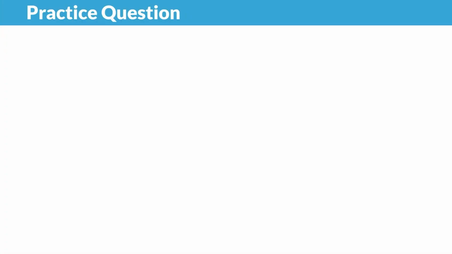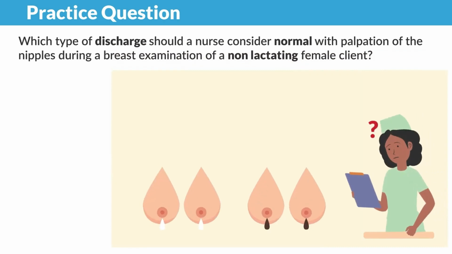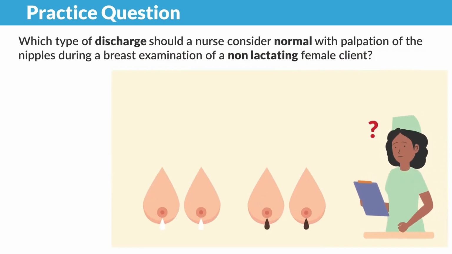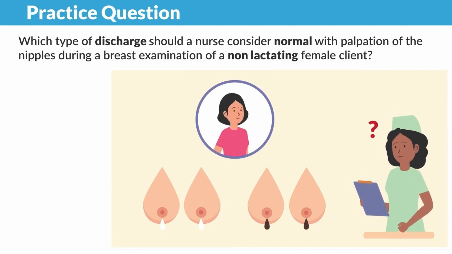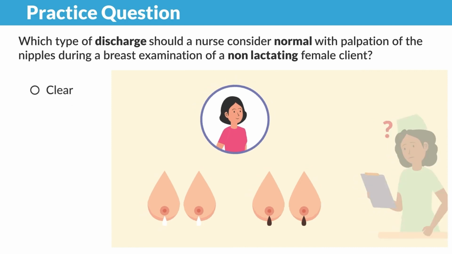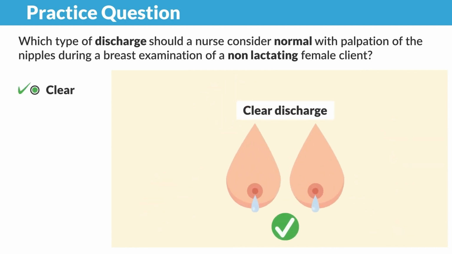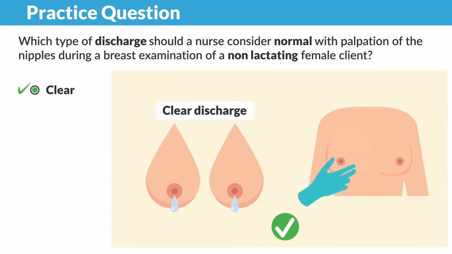Okay, now for another practice question. Which type of discharge should a nurse consider normal with palpation of the nipples during a breast examination of a non-lactating client? The correct answer here is clear. Yes, a clear discharge is a normal finding that may be obtained on manual expression from a breast, and it's frequent when stimulating that breast.